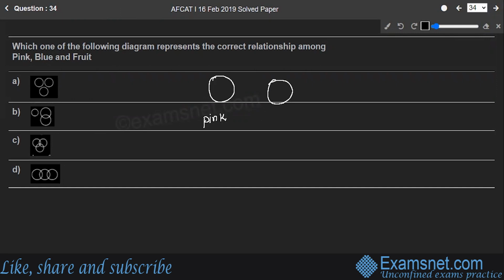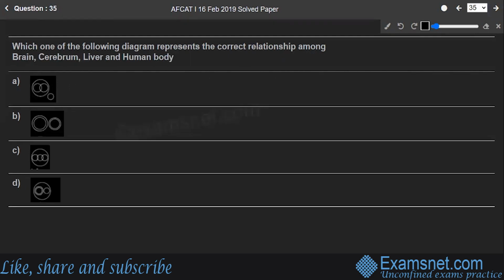Pink and blue, no relationship, but a fruit may be pink or it may be blue. So this represents a fruit, which may be pink or blue. So we have option D as our answer. Hope this is clear to you.